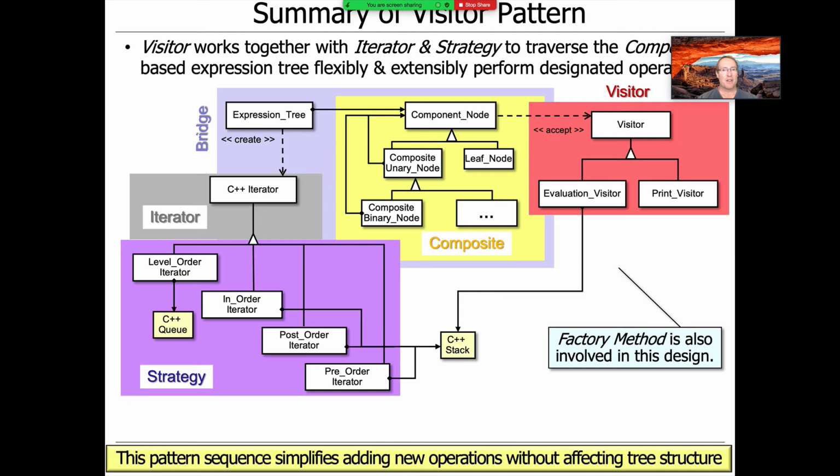We have the factory method pattern that creates the iterators. We use strategies for the different ways of traversing the tree, different traversal algorithms. We use the bridge pattern to encapsulate all the machinery behind a nice, simple, common API that never changes, even if the expression tree changes. And then, of course, we use the visitor in order to be able to apply operations to those things.